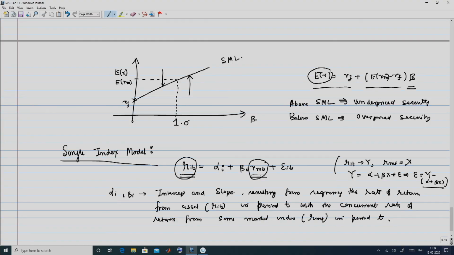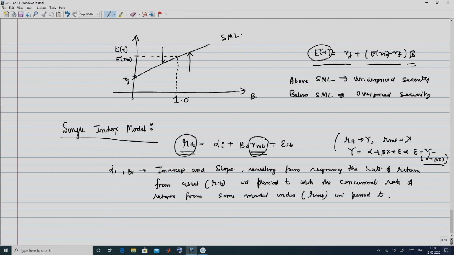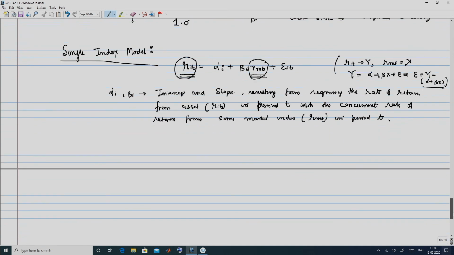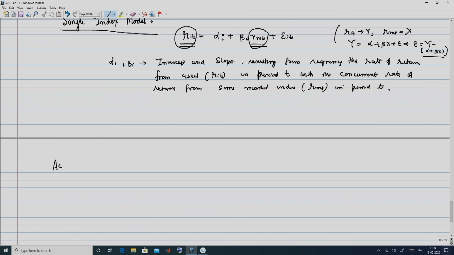So, accordingly I come back now to this discussion on RIT and RMT. Recall that these are the returns of the asset and the market, and I am going to correlate them through a linear relation, and here we will make use of the linear regression results that we have already derived. Alright, so now in order to carry out this exercise, I need to make certain assumptions.